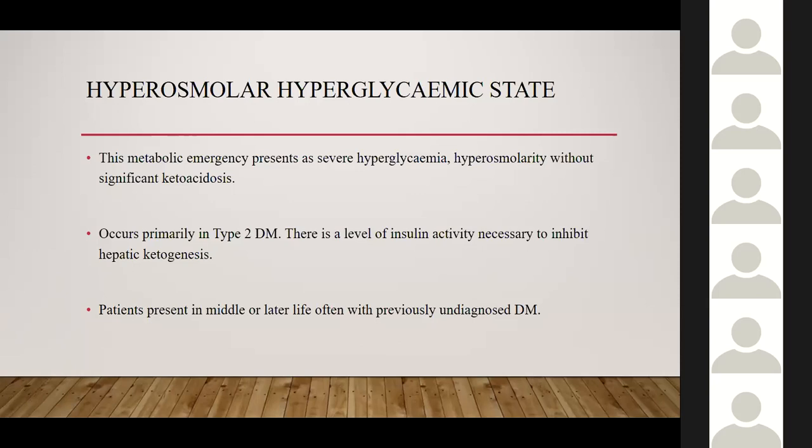But in HHS, usually there's insulin, and this insulin activity is enough to prevent you from going into ketogenesis. You understand? So once you have just a little level of insulin, this ketogenesis won't even happen in the first place.